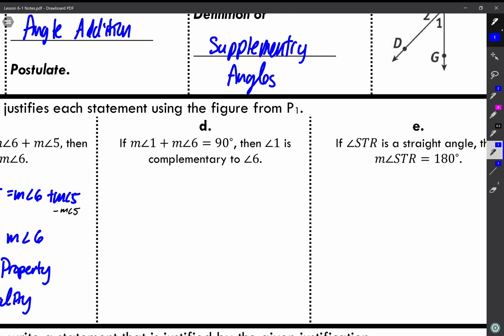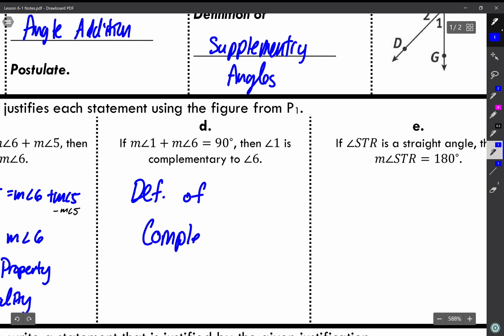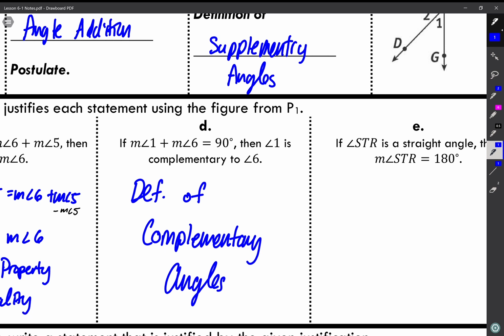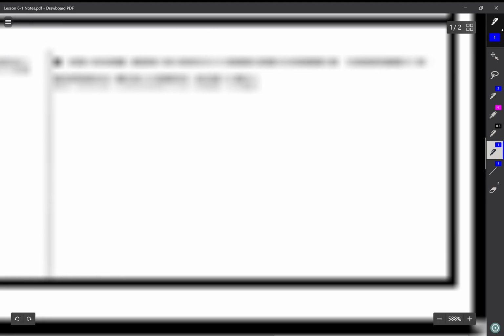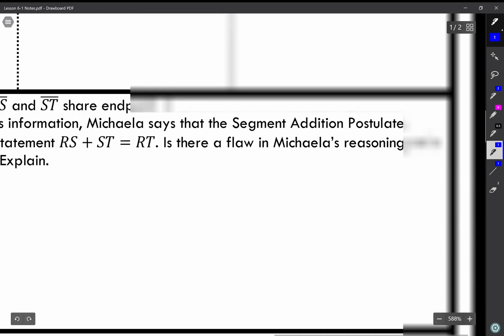So D is justified by the definition of complementary angles. Like I said, it just tells us that if two angles add up to 90, then they are complementary, or kind of the other way around as well.